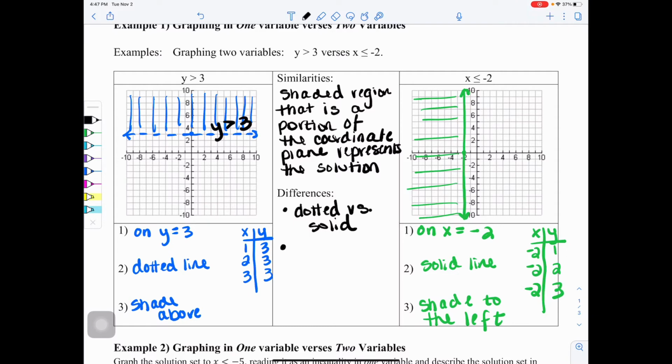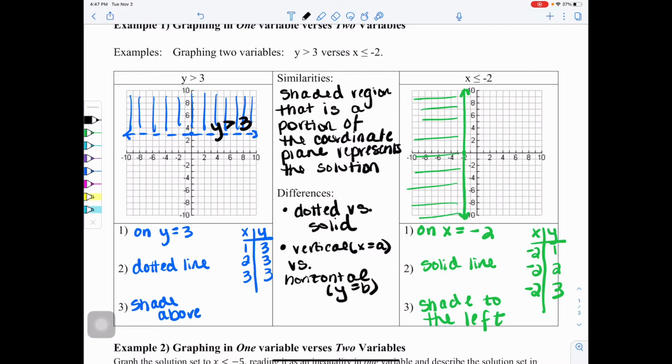The y equals line was horizontal, the x equals line was vertical. So we have vertical, remember, which is x equals a, versus horizontal, which is y equals b.